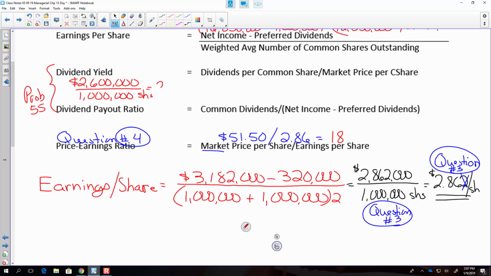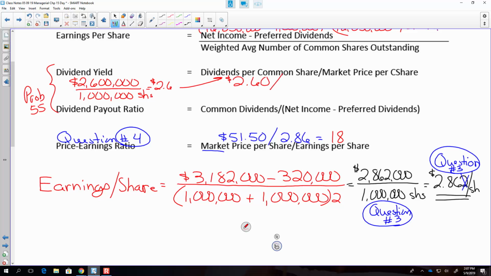So obviously that would give us $2.6 of dividends paid per share. And that's what we need for our numerator, our top number. It says dividends per common share. So that's this number, $2.6.